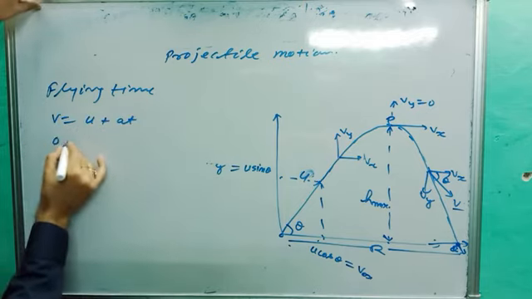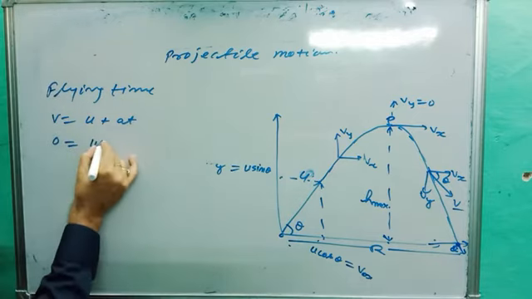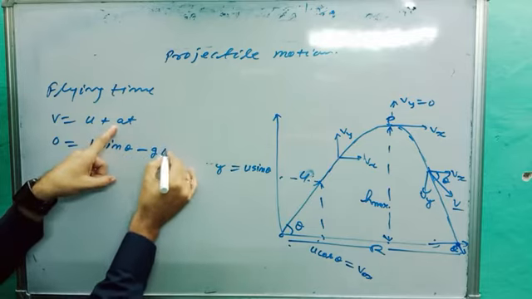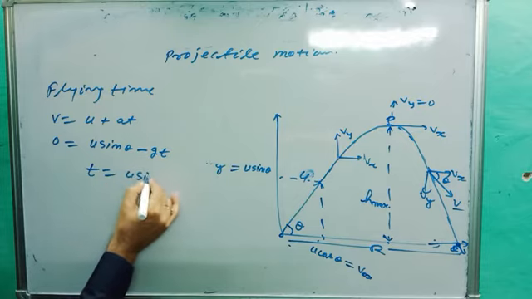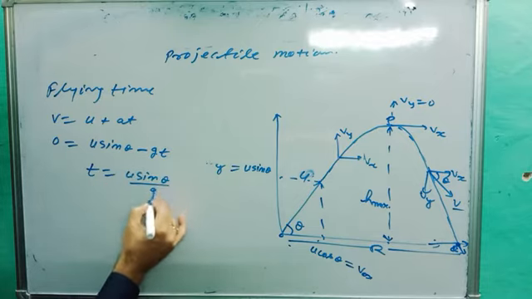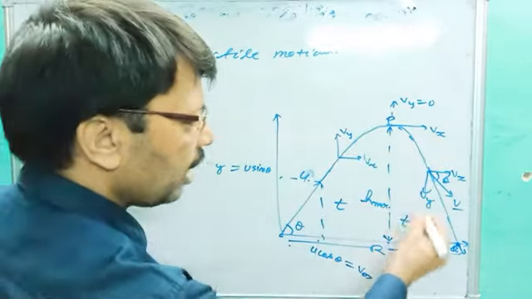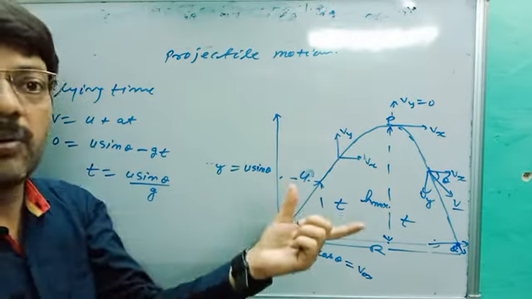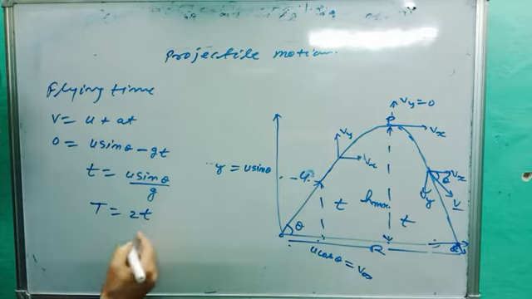The value of v is 0 at the top, and going up it is u sin theta minus g t, so time is equal to u sin theta upon g. This is the time to go up and the same time it will take to come down. You better know, as much time as it takes to go up, the same time it takes to return. It means the total time period T is equal to 2t.